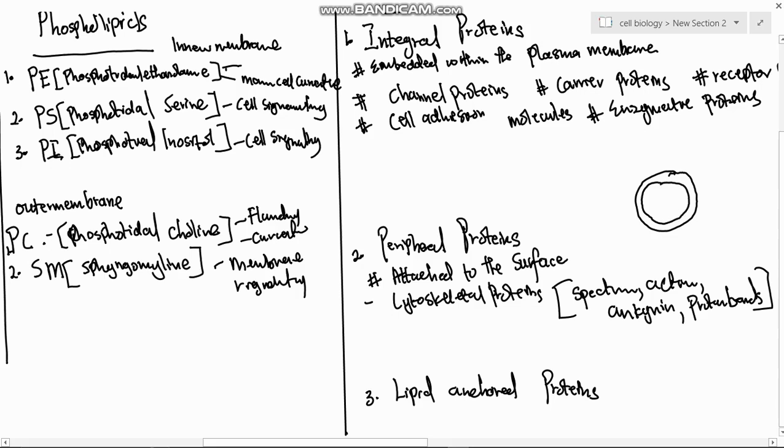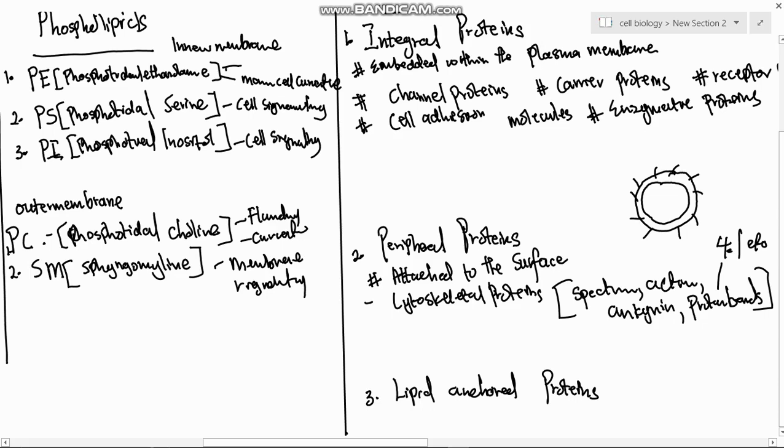So when we study the red blood cells, this spectrin, actin, ankyrin, and protein bands, we have protein band 4.1, etc. They are mostly found on the surface of the red blood cells. So they are peripheral proteins. And they are also involved in myriad of functions like cell signaling, etc.